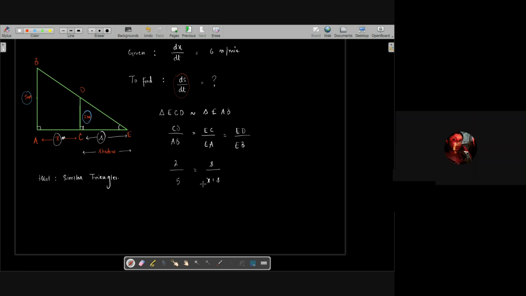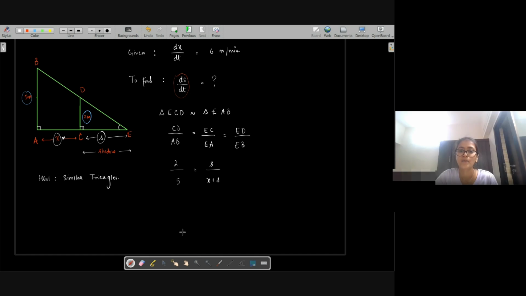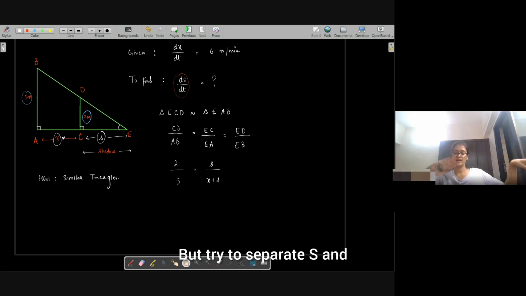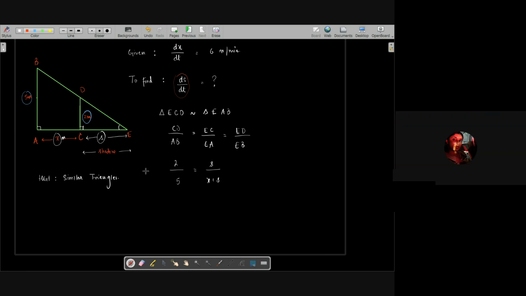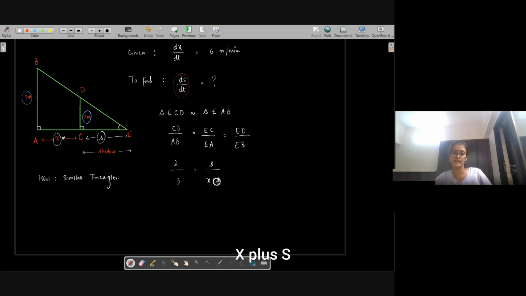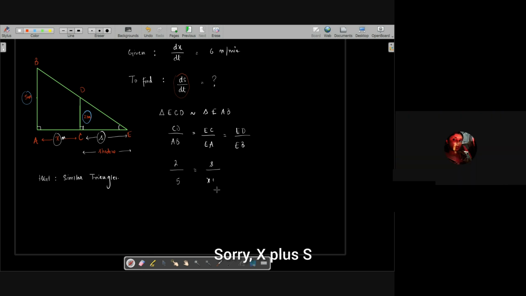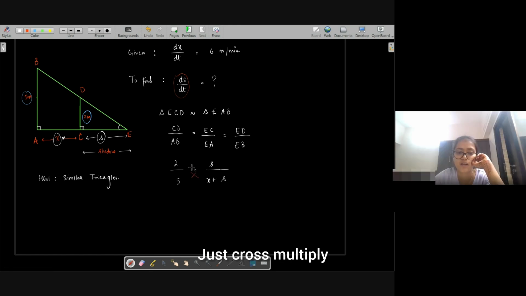Try to separate s and x, put s on one side and x on the other. Does the bottom say x plus s? Yes, x plus s. Just cross multiply.